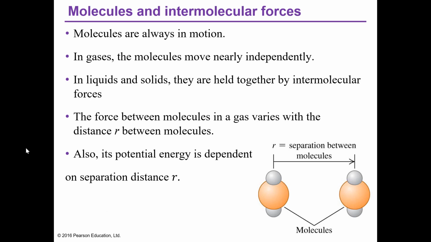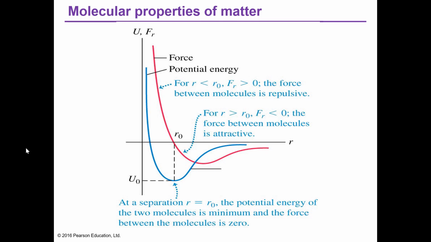To illustrate the relationship between force, potential energy, and separation distance r, we have this graph. We have these two graphs. The red one is the relationship between the force and the separation distance r, and the potential energy is represented by this blue one.